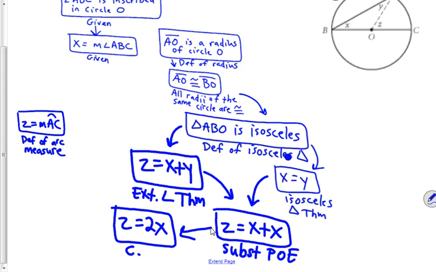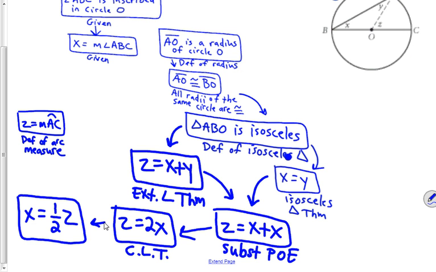Combine like terms. Then we divide both sides of this equation by 2, and we get X equals 1/2 Z, or Z over 2. You could write it either way. They mean the same thing. And this is the division property of equality.